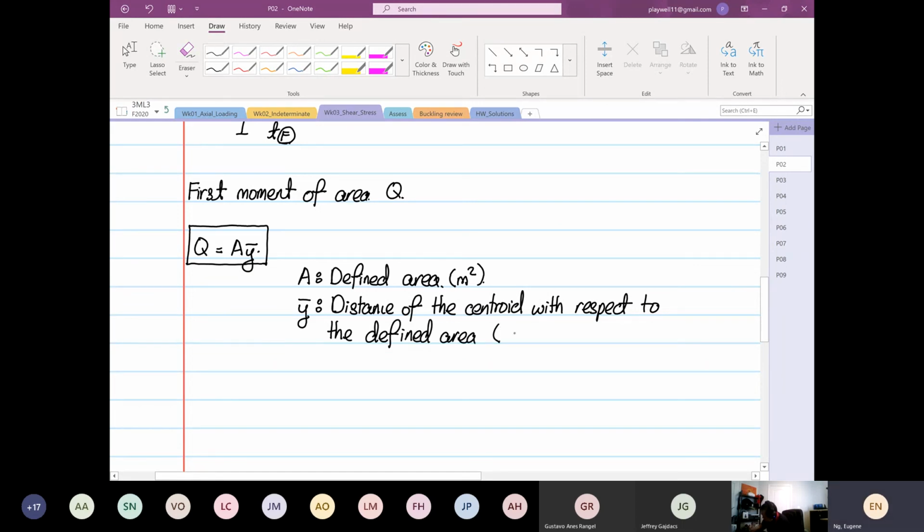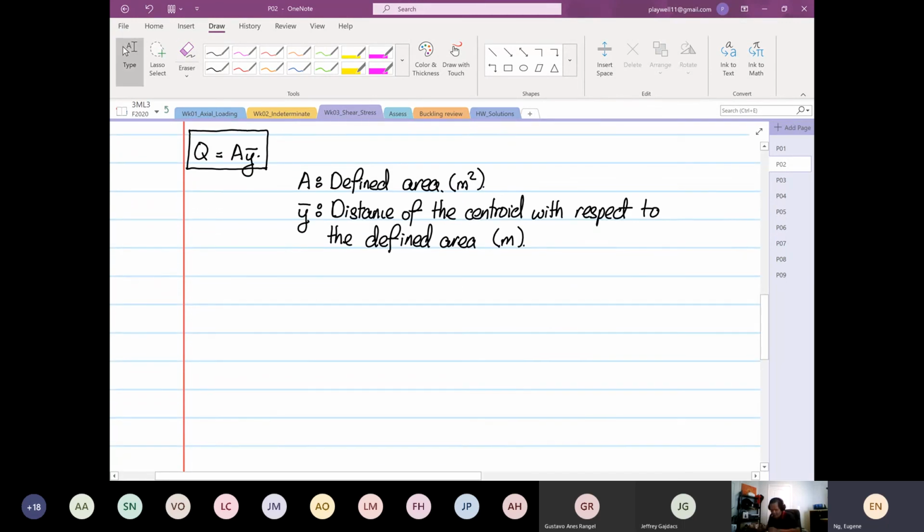Okay, and this is in meters. Okay, so this is first moment of area. Let me see how we are going to apply this. So how are we going to apply this?